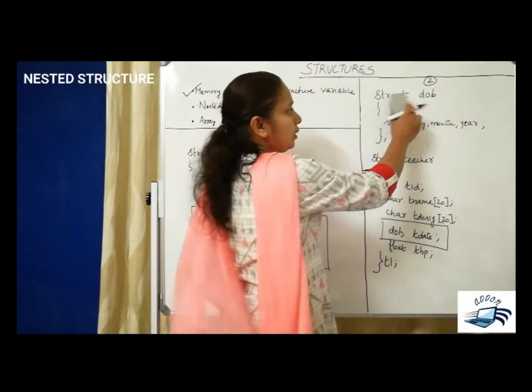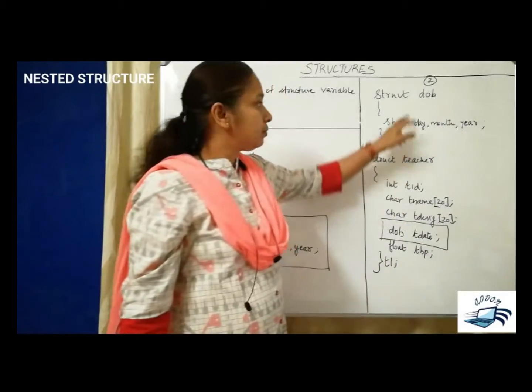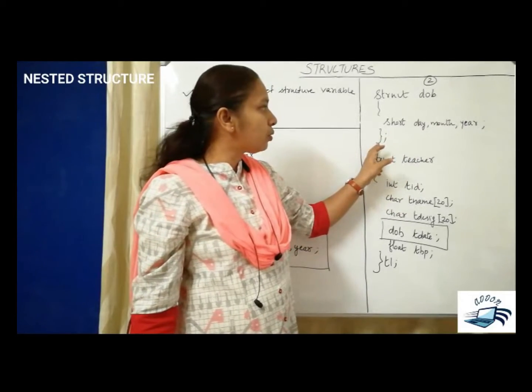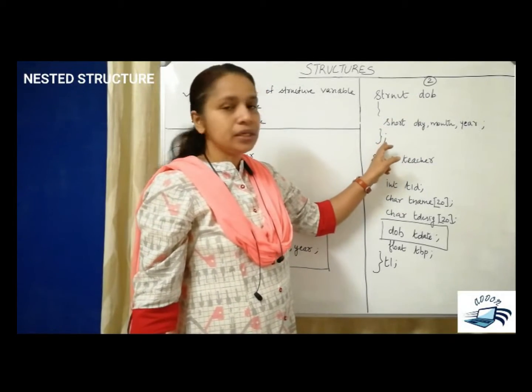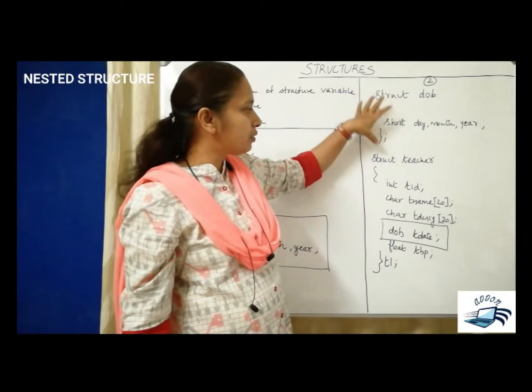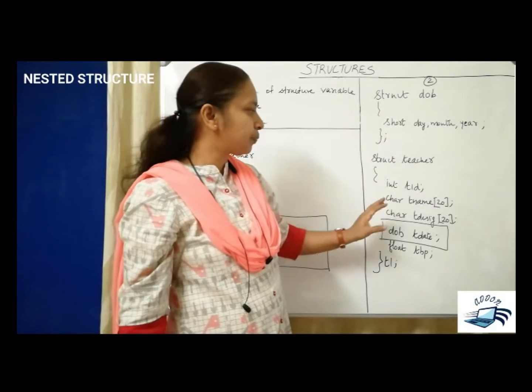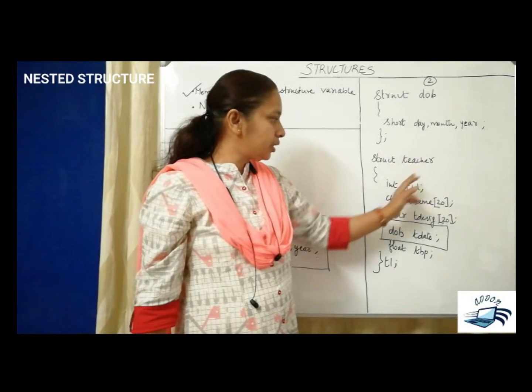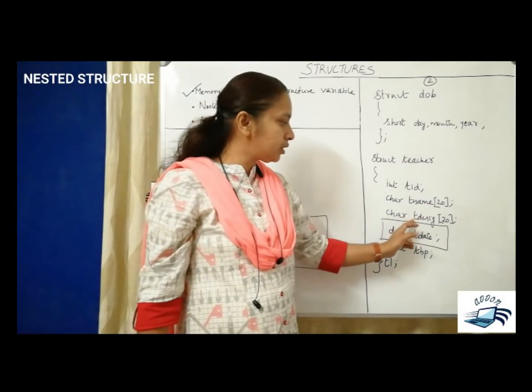I have defined the structure DOB. 3 variables are declared here, and I have closed the DOB with a semicolon. That means the definition is given outside the structure teacher. In a similar way, we have declared the structure teacher. We have TID, TNAME, TDESIG.